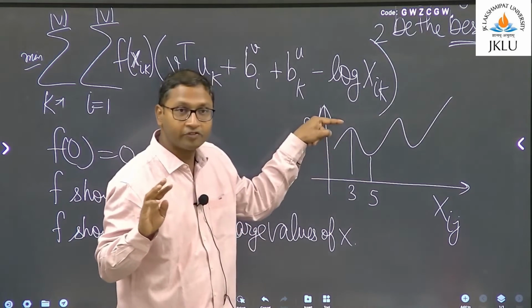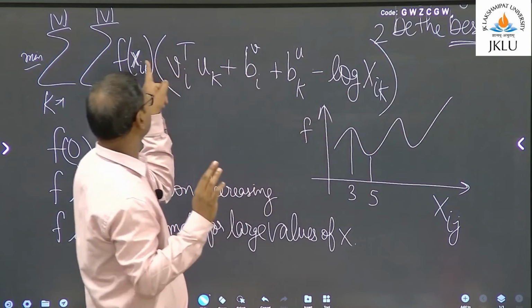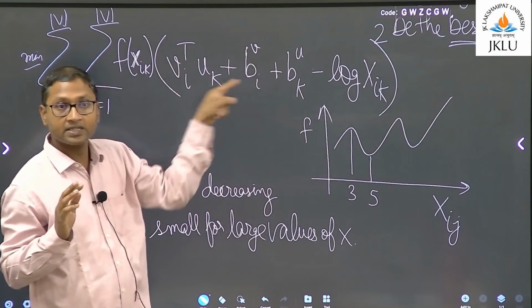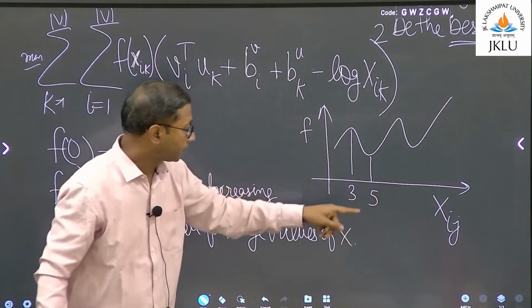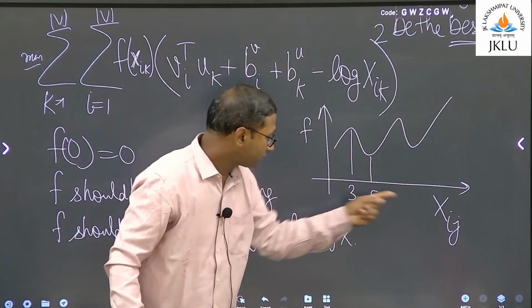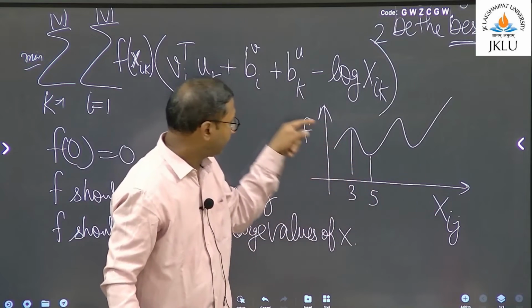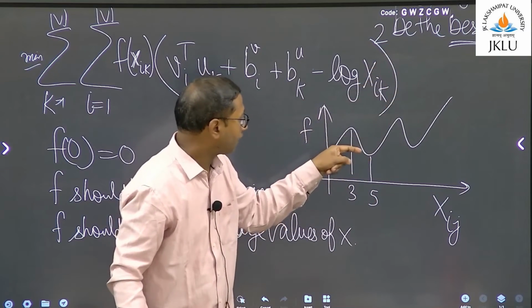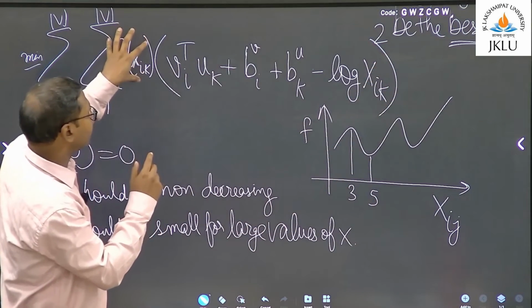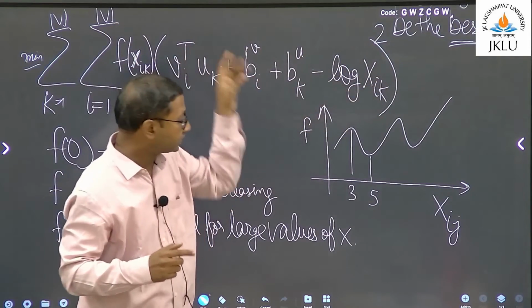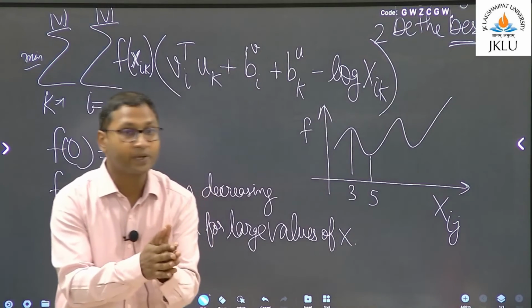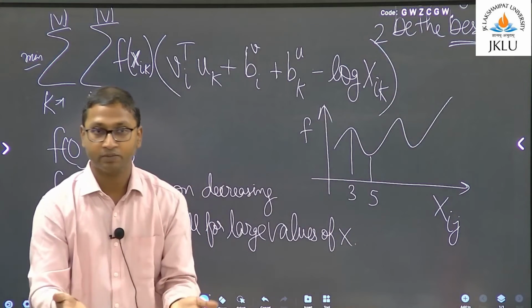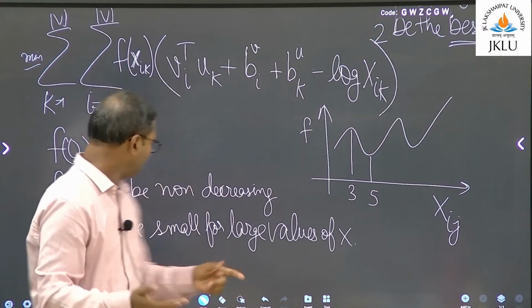But what is the value of f? Higher. So the weightage given to this is higher for this pair of i and j. But if this value is 5 and the function is like this, my f will be smaller for this whole thing, in which case xij actually appears more number of times.